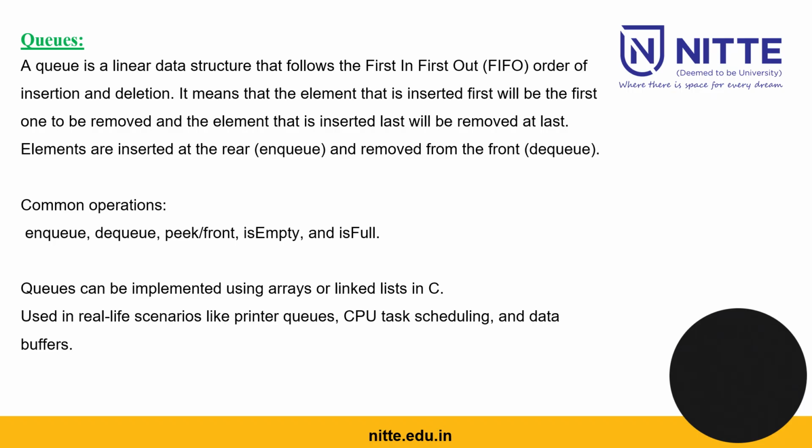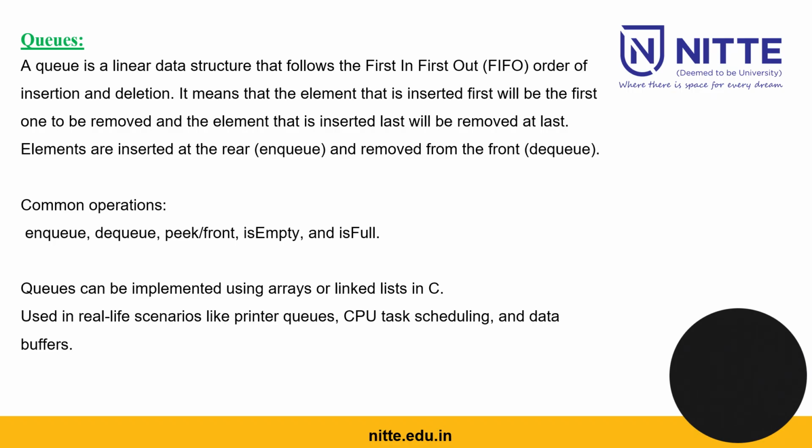For example, printer queues. Whichever page I give to print first will be printed first. Then the next one, which I give as the second, will be printed next. That is called FIFO, first in, first out.